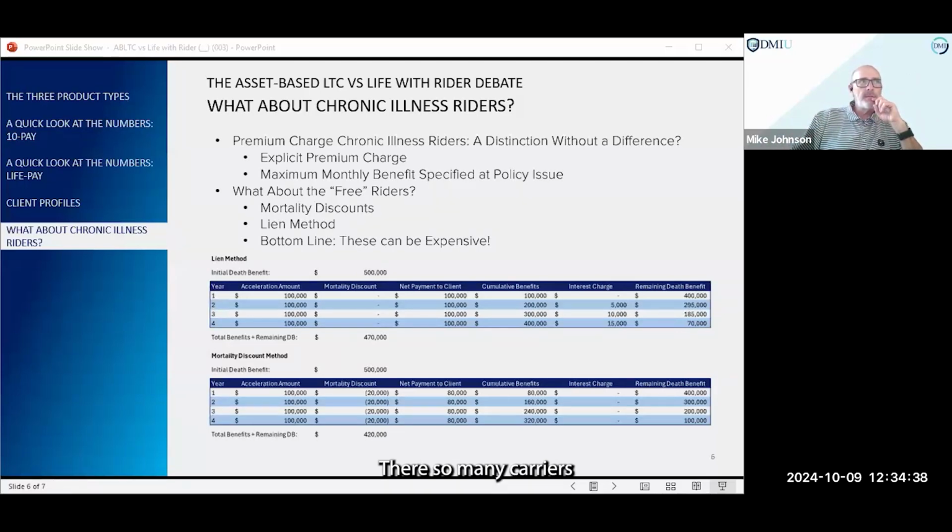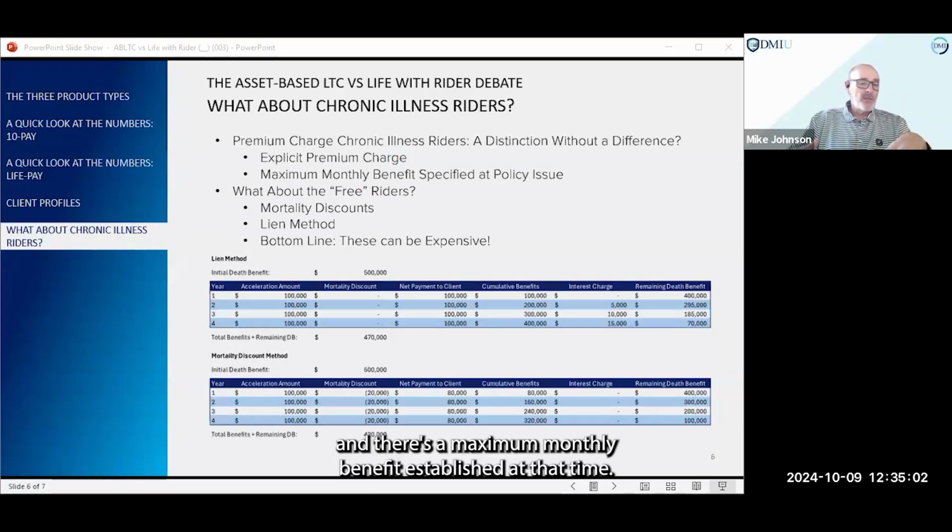So many carriers will offer chronic illness riders where the death benefit can be accelerated for a qualifying event that's similar to a long-term care rider, traditional long-term care, or an ABLTC rider. Now, the premium has an explicit charge, and that just means that the rider is elected at policy issue, and there's a maximum monthly benefit established at that time.